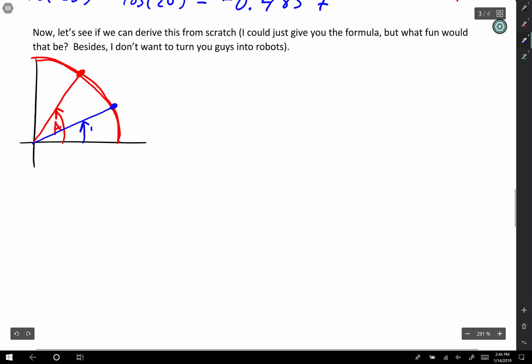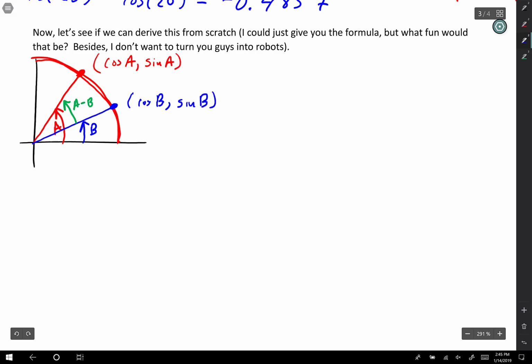I'm going to call that angle B. So then here in green, that must be A minus B. The coordinate for angle A, the x coordinate, Ms. Campbell, has to be cosine A. The y coordinate has to be sine A. The coordinate for angle B has to be cosine B and sine B.